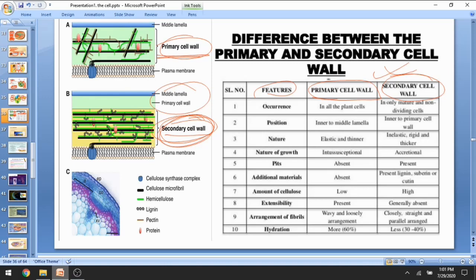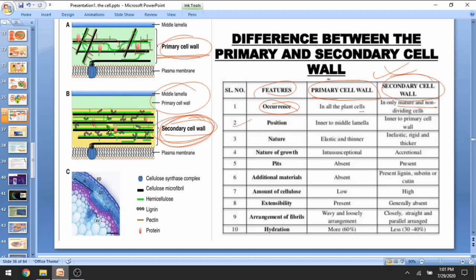Primary and secondary cell walls on the basis of their occurrence. In the plant cell, primary cell walls are present, but the secondary cell wall is present only if the primary cell wall gets mature. Secondary cell wall is present only in mature plant cells and non-dividing cells.